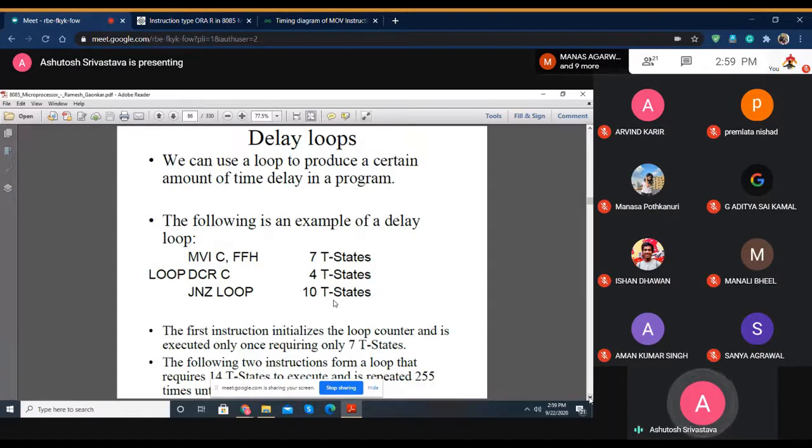So sometimes there may be a need to introduce a delay, as we already know that while executing a certain program in assembly language, you can introduce a delay.